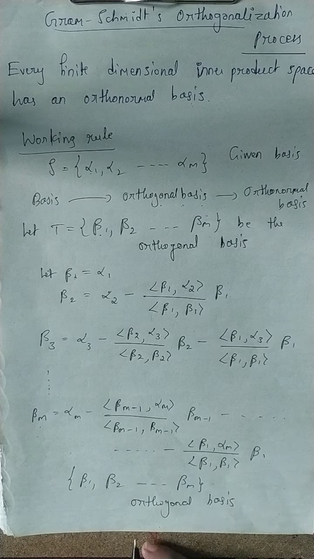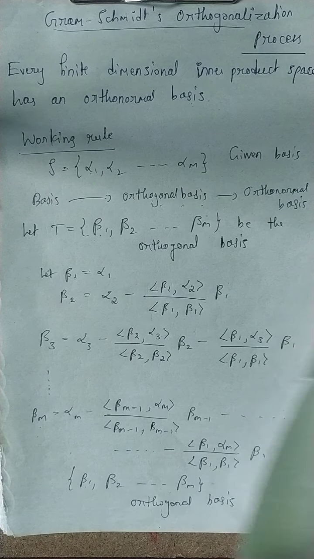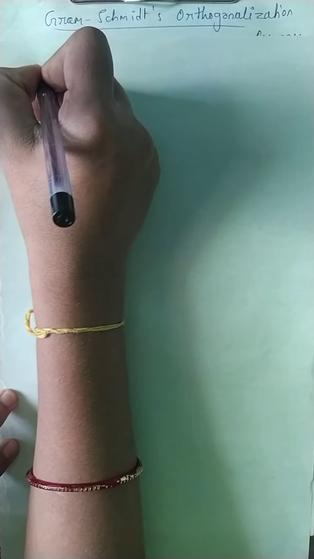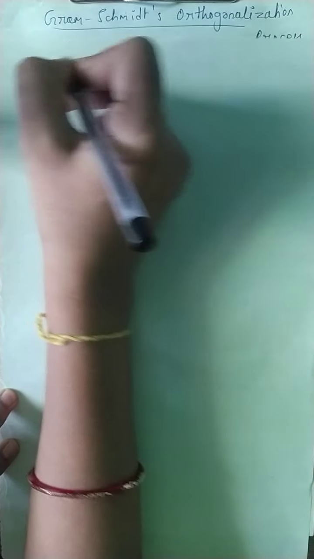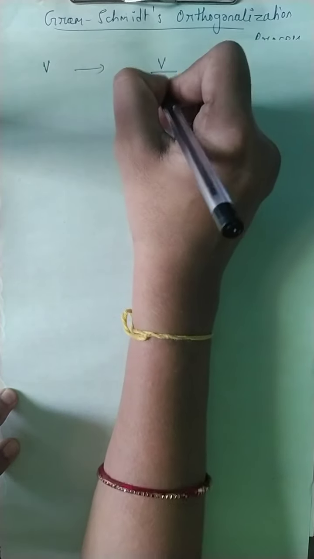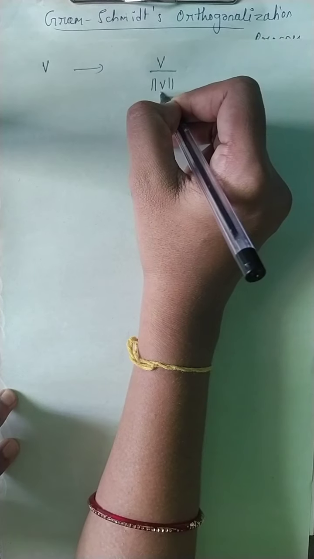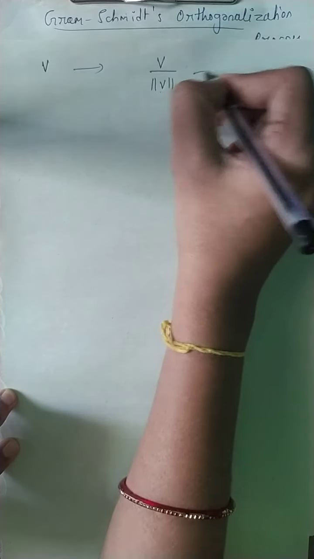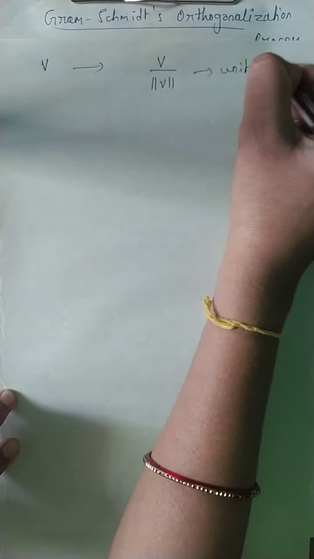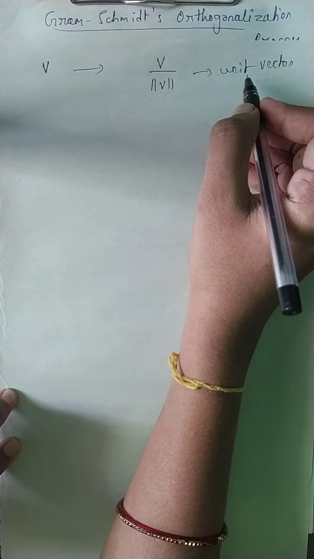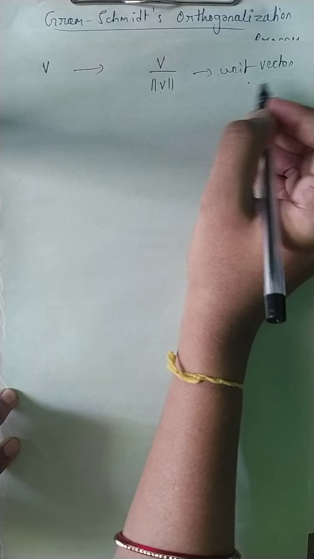That process we call normalizing the vector v. If v is the vector, then v divided by the norm of v, that is the length of that vector, gives the unit vector. This process we call normalizing the vector v.